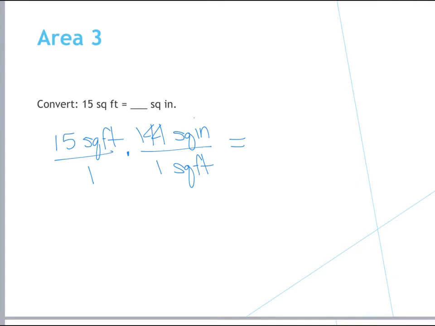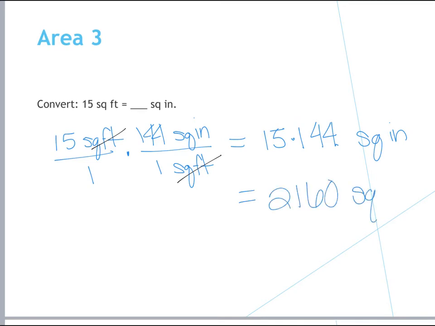Cancel your units. So square feet are going to cancel. That leaves us with our square inches. 15 times 144. So that's what you're doing there. You're keeping the square inches. And that gives you 2,160 square inches.